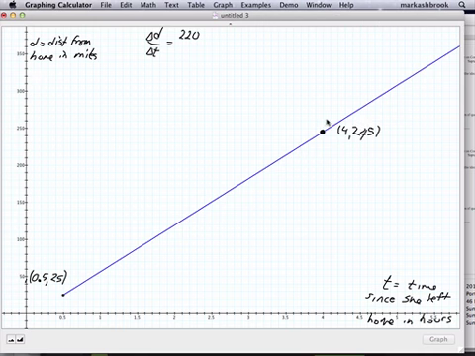Okay, so her change in distance was 220 over the change in time of 3.5 hours. Yeah, 4 minus a half. And we got 62.85, is that right?